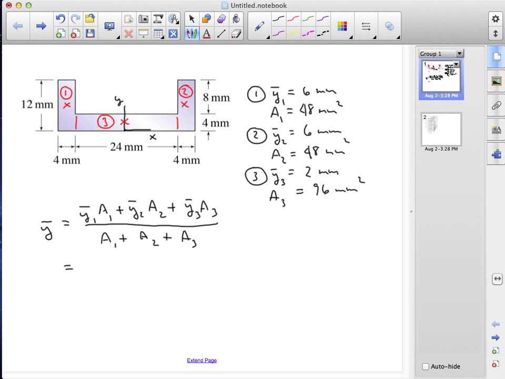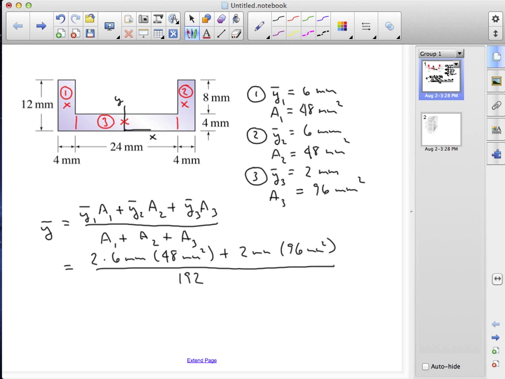And since y1 bar and y2 bar are the same and A1 and A2 are the same, I'll write that as 2 times y1 bar times A1 plus y3 bar times A3 over the sum of those areas, which is 192 millimeters squared, and that number turns out to be 4 millimeters.